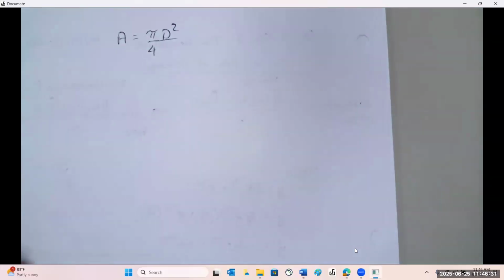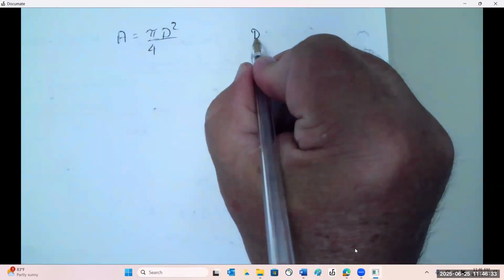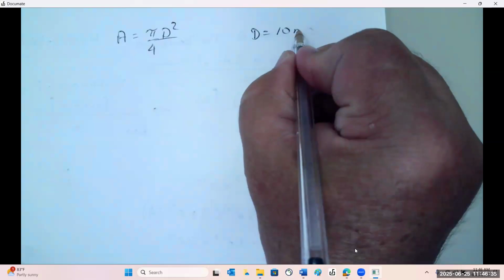So we have area equals pi over 4 d squared when the diameter is 10 meters. How fast? What is the rate of change? Are we looking at an instantaneous or an average rate?